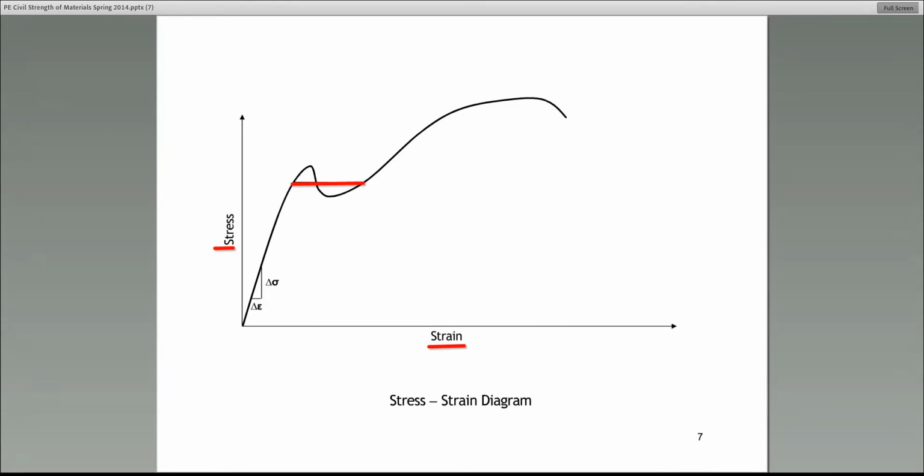Tell me, mathematically, if a portion of that curve is a horizontal line, what is that telling us about the relationship between X and Y? And if you can answer that question, then you will have a good understanding of actually what happens when a material yields. So who can tell me, based on what I've said, what does it mean when the portion of the curve is just a straight line?